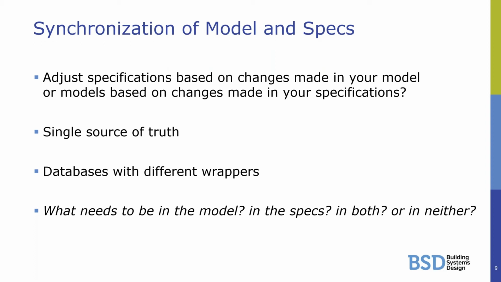Again, ask your team and yourself, what needs to be in the model? What needs to be in the specs? What needs to be in both? And what doesn't need to be in either to optimize our process?